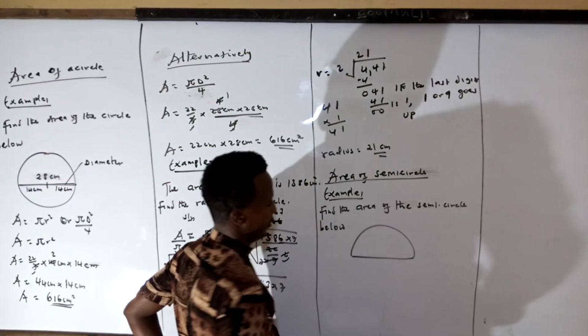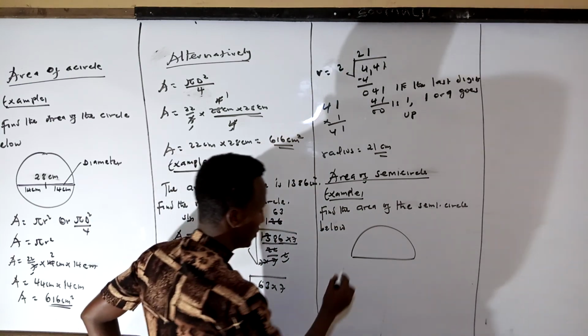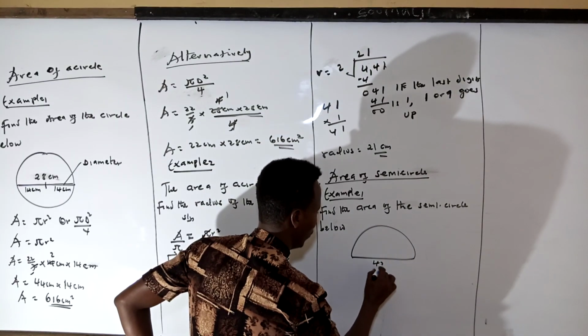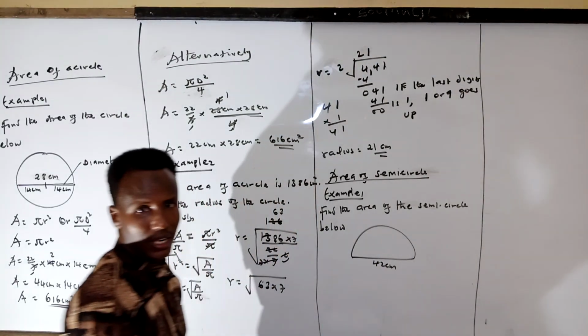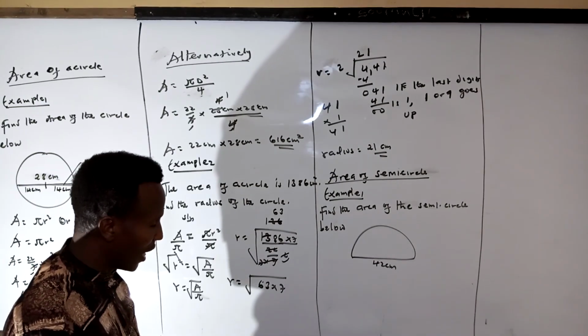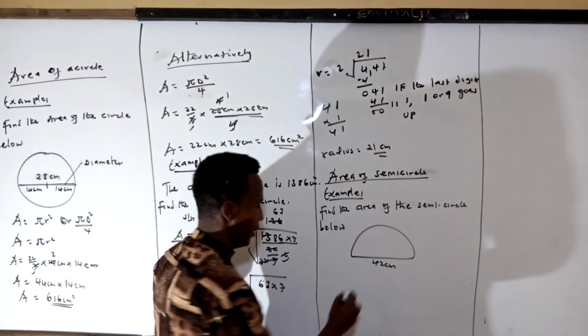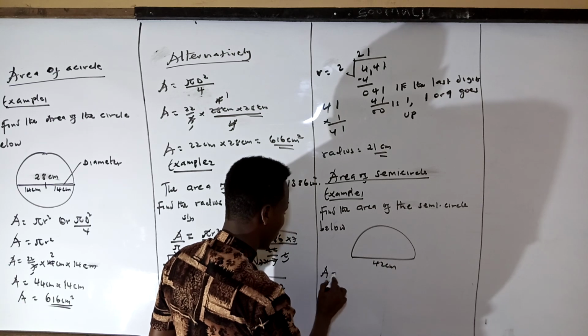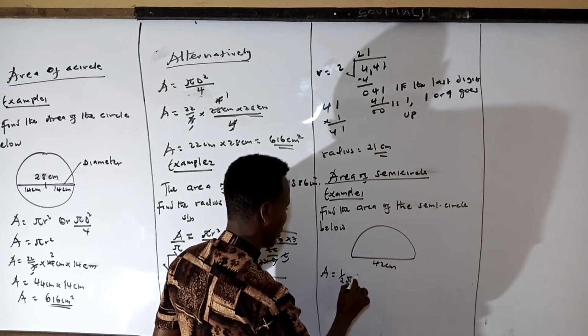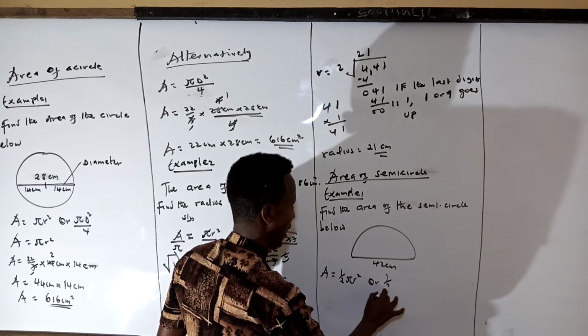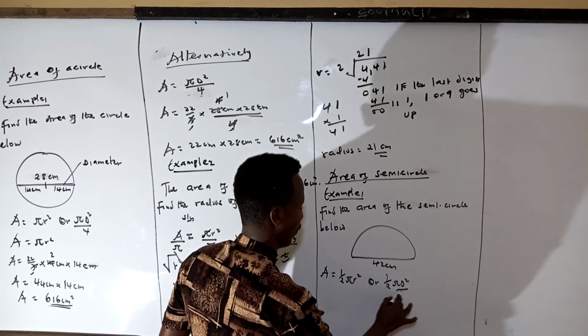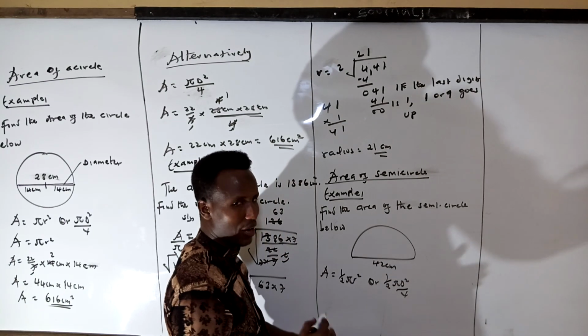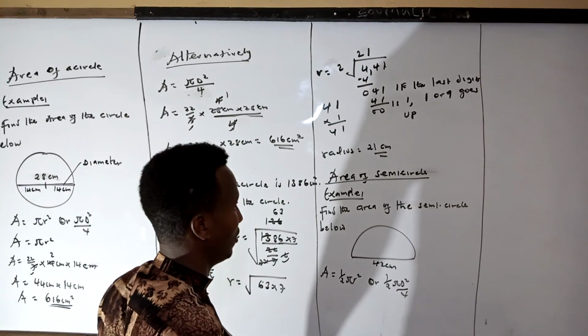So let's say this is 42 centimeter. That is the diameter of the semicircle. Then we can say area is equal to a half by πr squared, or a half by πd squared over 4. A half times the area of a circle.